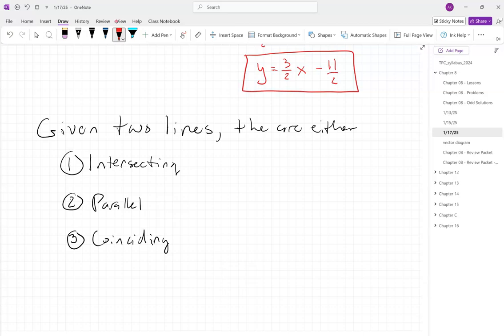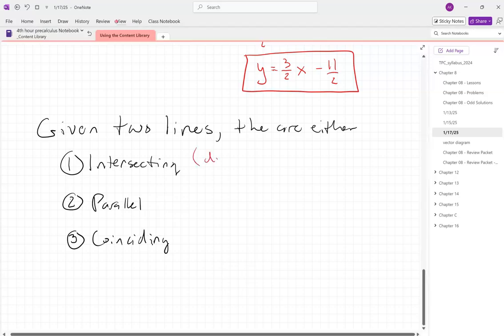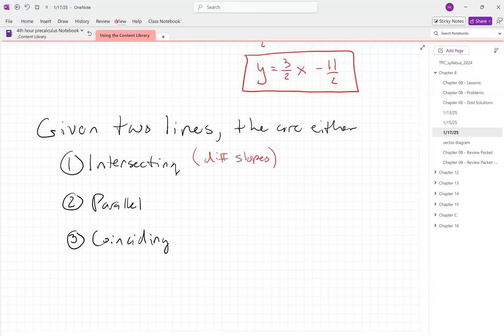So lines that intersect have different slopes. As soon as I see the lines have different slopes, I'm going to know that they're intersecting. Parallel lines have the same slope. You should remember that as a property from geometry, or even Algebra 1. Coinciding lines, well, they're the same line, right? So obviously they have to have the same slope.